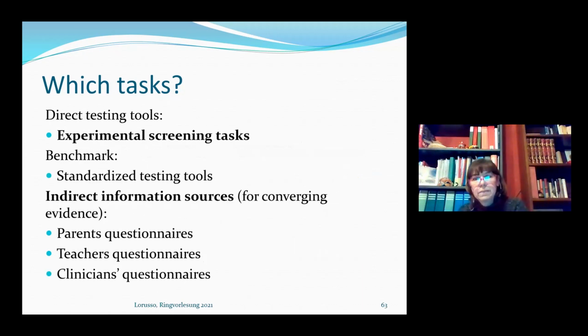We have implemented both experimental screening tasks and indirect information sources, so parents questionnaires, teacher questionnaires, and clinicians questionnaires, and we have collected data on standardized testing tools.